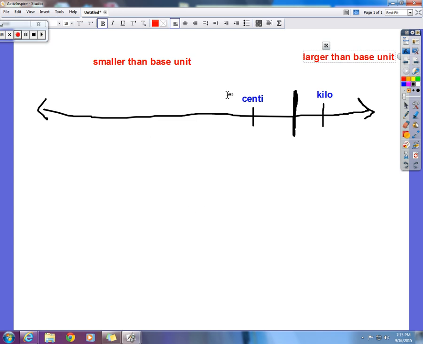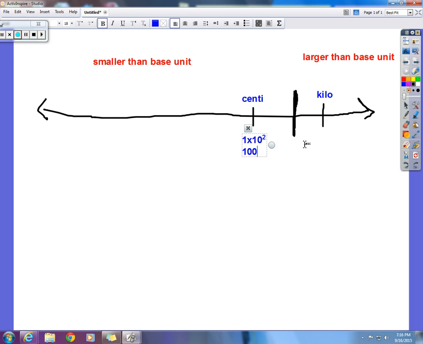Okay, so centi is 1 times 10 to the positive 2. Okay, if you think about 1 times 10 to the positive 2 in terms of scientific notation, that's the same thing as saying 100.